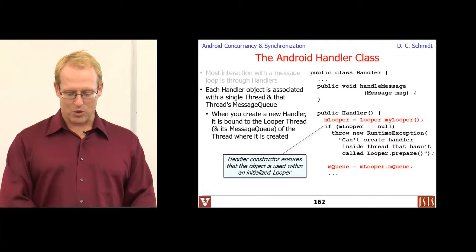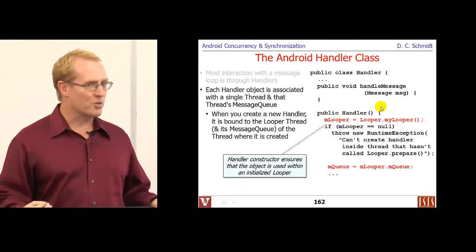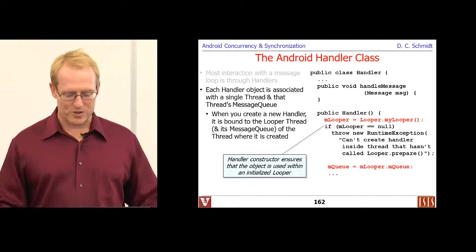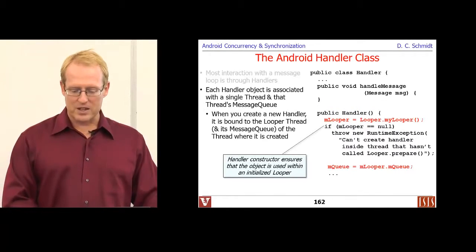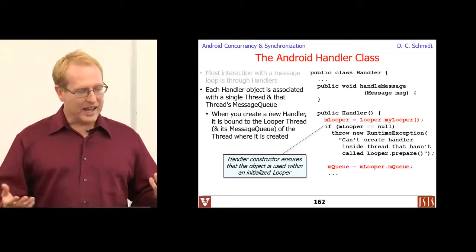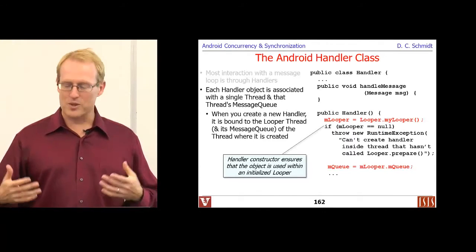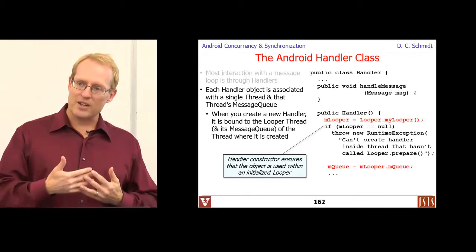And this is kind of how it works. So if you were to take a look at the handler constructor, which you're welcome to do because you have the source code for all this stuff, you'll see the first thing it does is it checks to see whether or not it's running in a looper context, and if not, it bails out. And if it is running in a looper context, it grabs the queue that goes along with the looper that's associated with that thread of control.